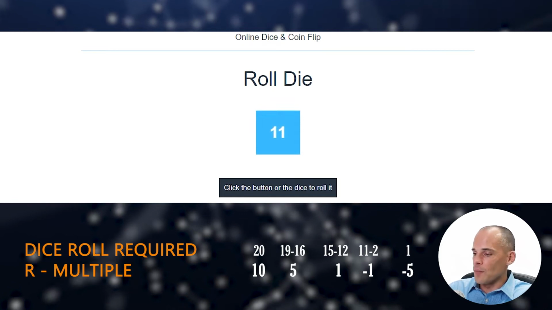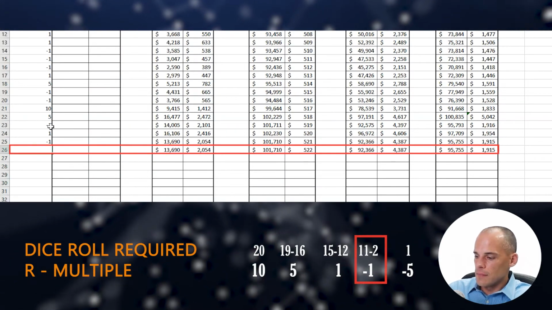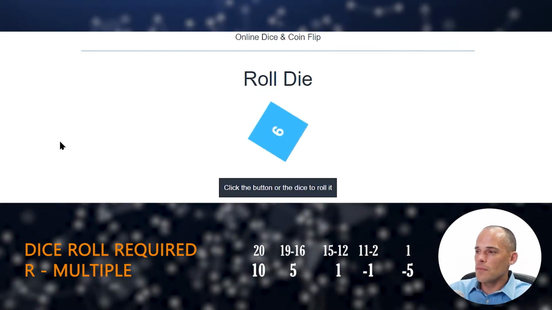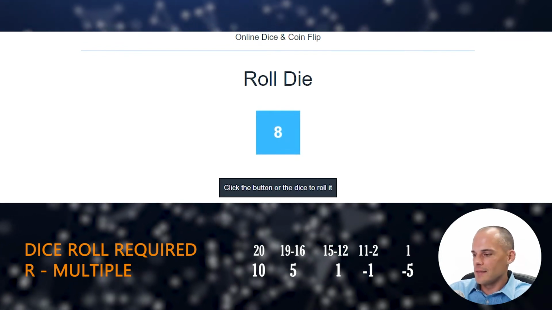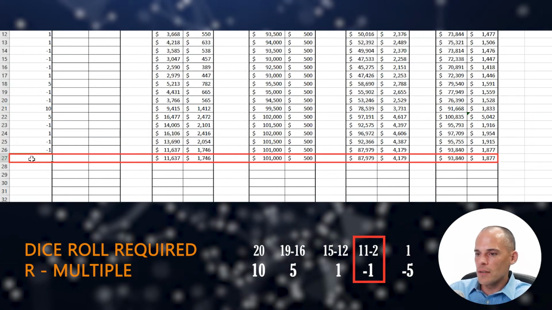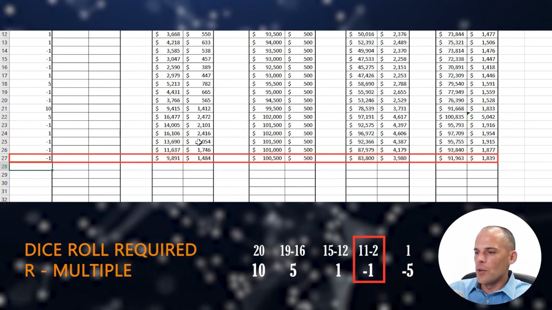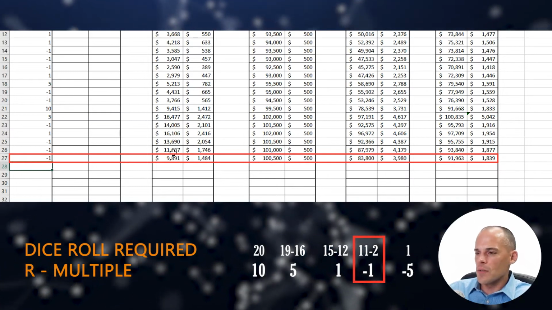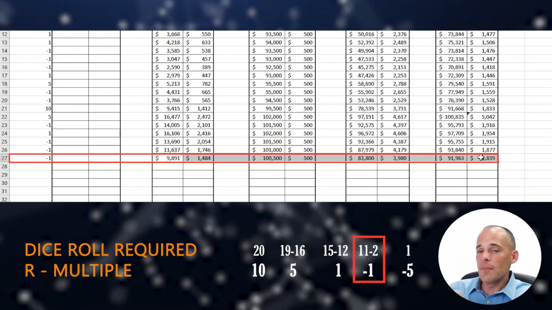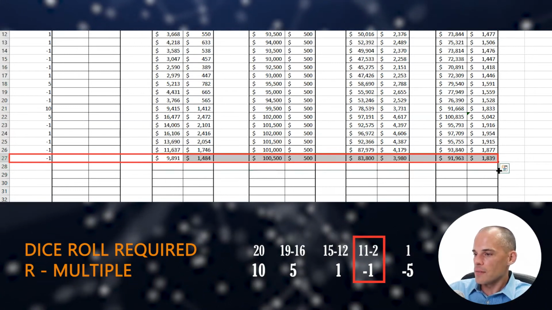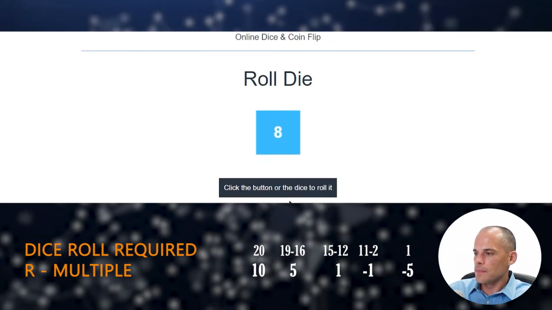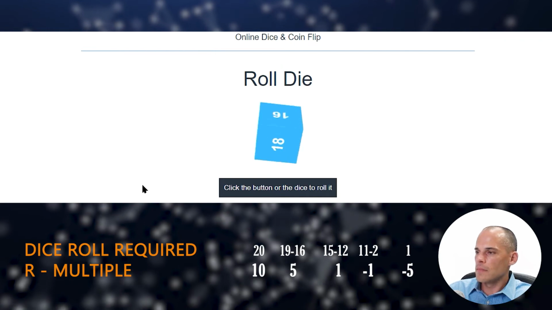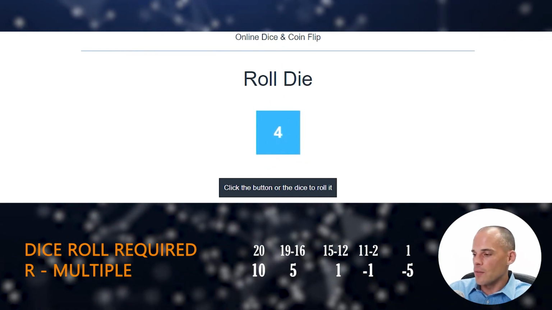We've got an 11, which would be a -1. Next roll. 8, which is a -1. You'll notice I'm having to make some calculations, adjustments on some of the algorithms. I have to update them occasionally to make sure they're accurate. Okay, we're going to the next roll. 4, which is a -1.